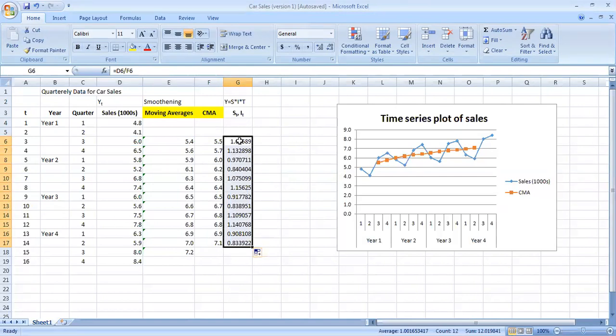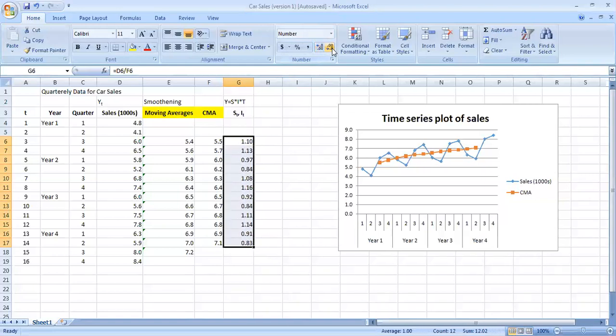I'm not going to have many decimal points for this number. We'll have it only for 2 decimal points. Okay, so I have taken 2 decimal points by choosing this particular option. All right, so now we have come up with the seasonality and irregularity components.